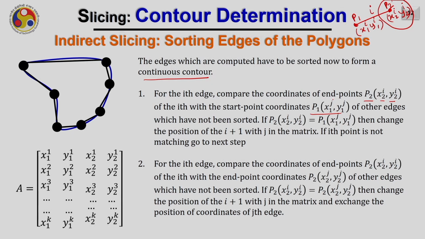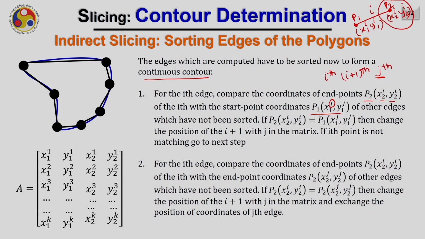Let us assume that we are going to consider the jth line, which we pick randomly from the database. If the coordinate P2 is equal to the P1 coordinate of the jth line, then we have to pick this jth line and keep it just beside the ith line. Hence, this jth line now will become the (i+1)th line.